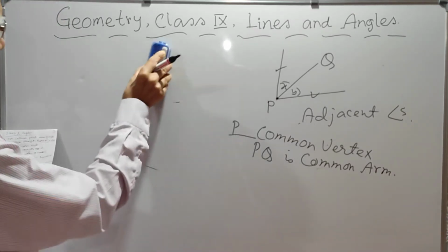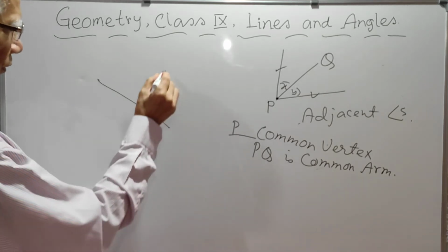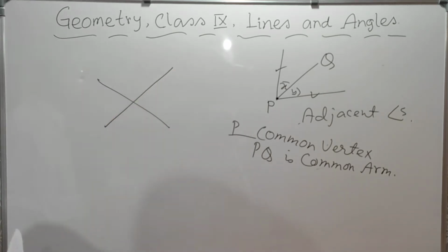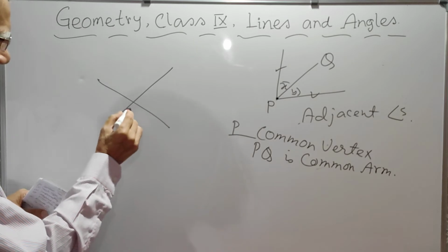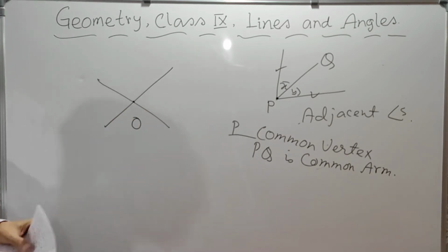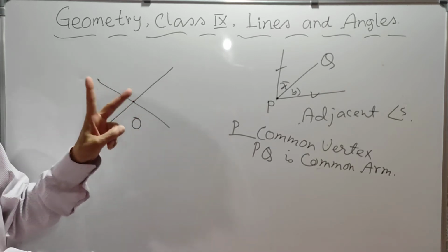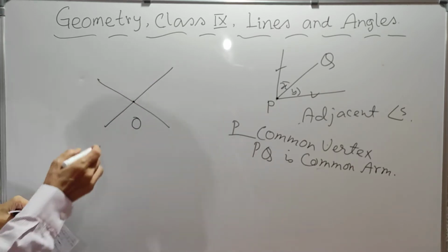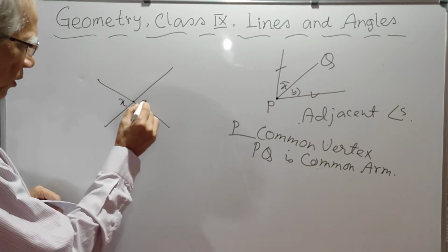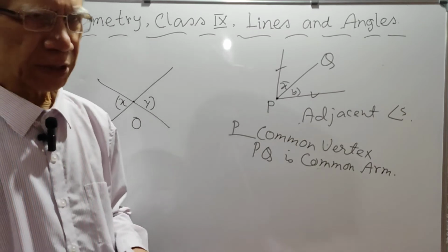Then if two straight lines intersect, we get vertically opposite angles. Now these two straight lines are intersecting at point O. Then we get two pairs of vertically opposite angles. So this angle X, this angle Y. So this X and Y is first pair of vertically opposite angles.